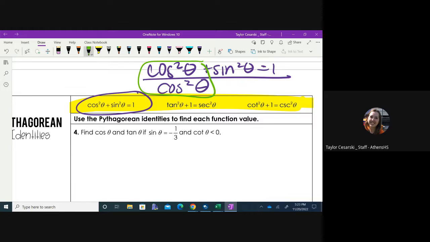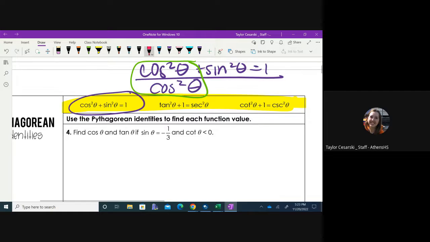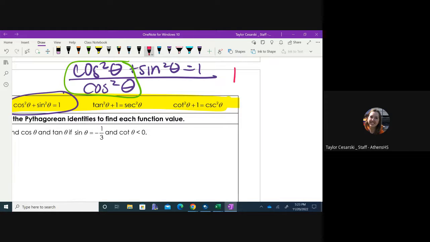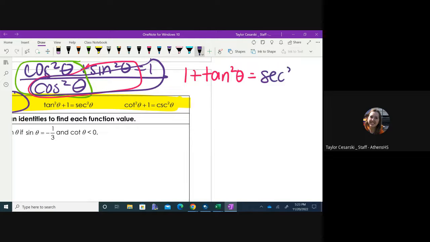In my first part, cosine squared divided by cosine squared is just 1, plus sine squared over cosine squared would be tangent squared of theta, equals, for the last part, 1 over cosine squared, which is secant squared of theta. Notice that's exactly what I have in the second part here.